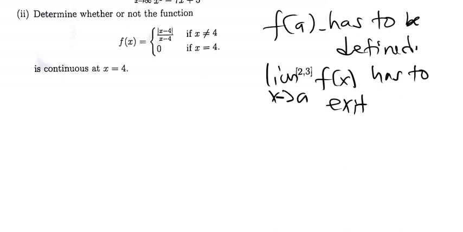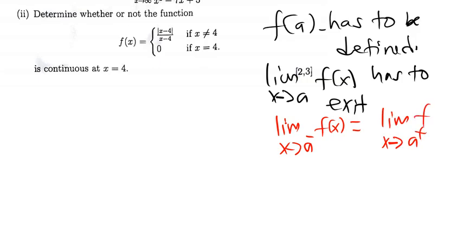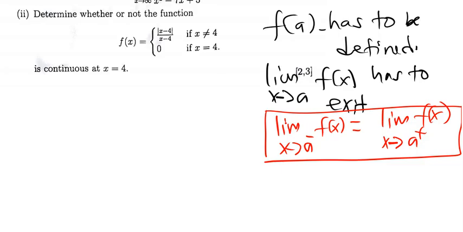For a limit to exist, the limit as x is approaching a from the left side of f of x should be equal to the limit as x is approaching a from the right side of f of x. If these two are the same, then the limit exists.